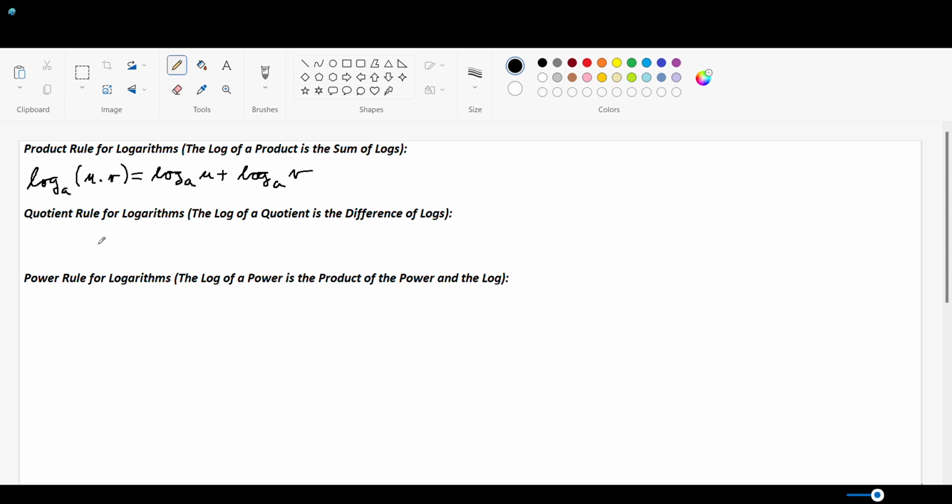The second rule is the quotient rule. The log of a quotient is the difference of logarithms. A quotient means division, and it means logarithm base a of u over v is equal to logarithm base a of u minus logarithm base a of v.